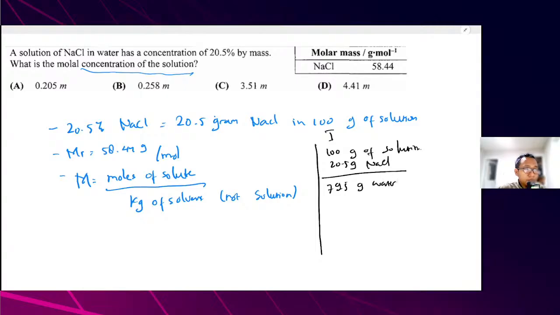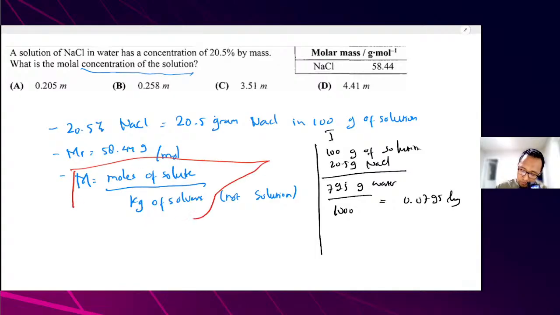We need to convert it into kilogram, so divide by 1000, and it will be 0.0795 kilogram. Just remember, mole of solute per kilogram of solvent.